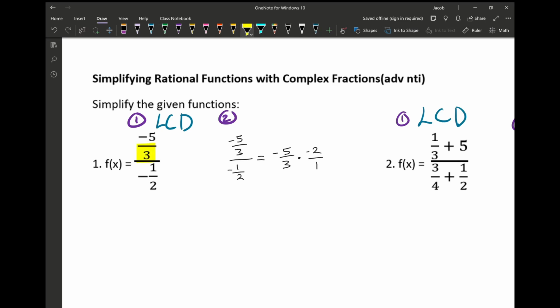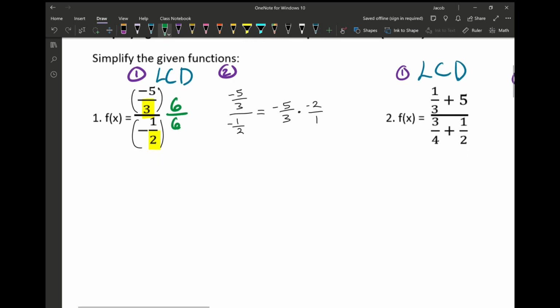There's a fraction in the numerator with a 3 in its denominator, and if we look at this complex fraction, we can see that the fraction in the denominator of it has a 2 in its denominator. So the least common denominator between those two is 6. We'll just multiply them together. So that means we'll multiply the numerator and the denominator by 6 to start this one.